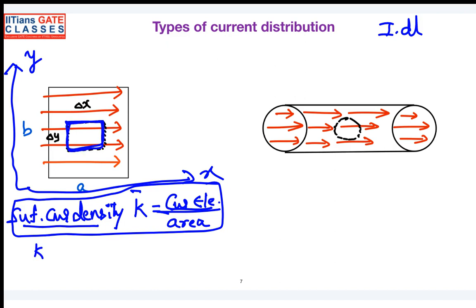In this case, what will be the current element? Can you tell me? Is it I into delta X or I into delta Y? I have taken a small part here and I was trying to write the current element.